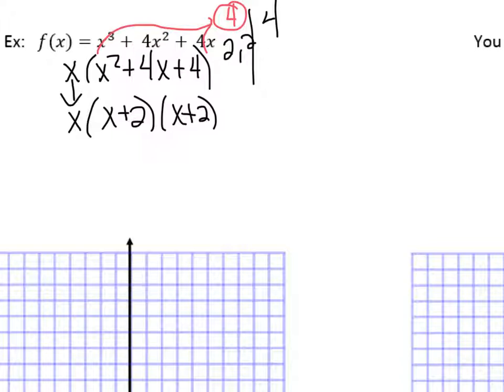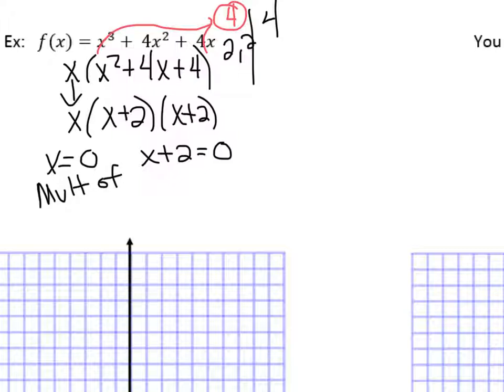Well, now we set each of them equal to 0. So we've got x equals 0 and x plus 2 equals 0. Well, the first one's already solved for, but we're also going to state the multiplicity, which is a multiplicity of 1. x plus 2, subtract our 2, so x equals negative 2. This one appears twice, so we say it has a multiplicity of 2.